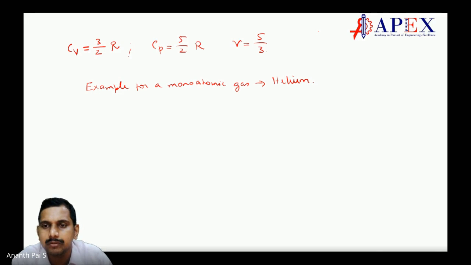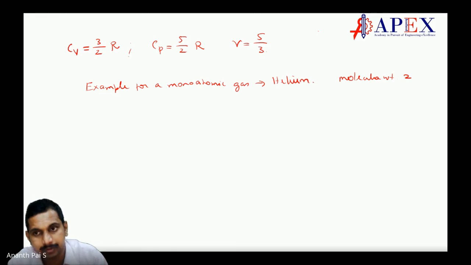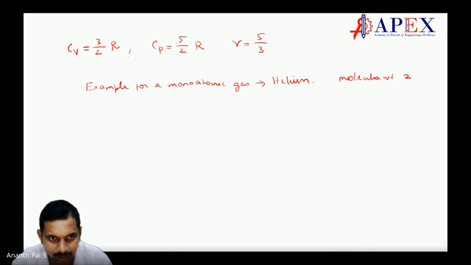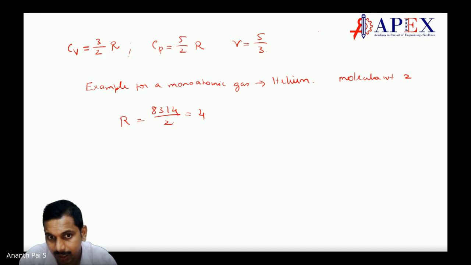What is the molecular weight of helium? 2, right? Atomic weight is 1. So what is R there? R is 8314 divided by 2, so it is 4157.